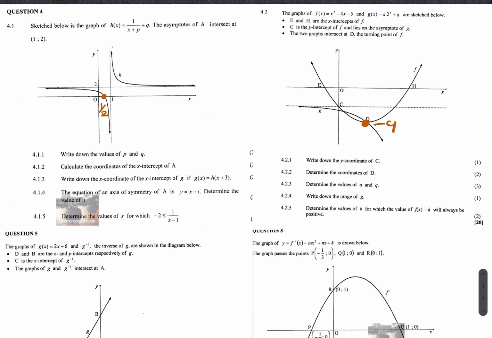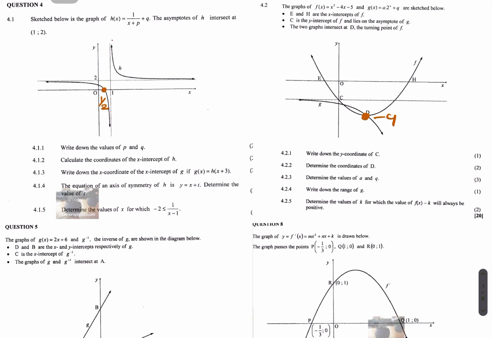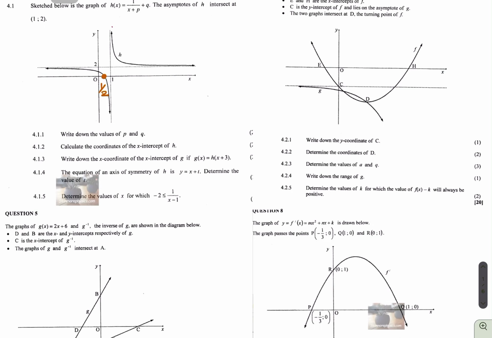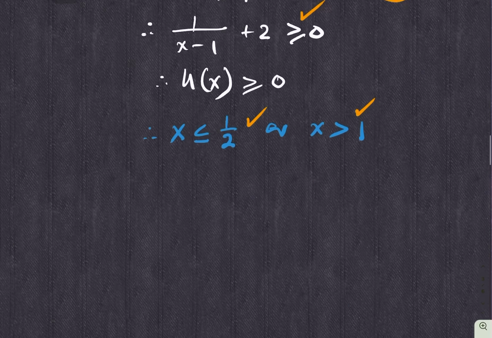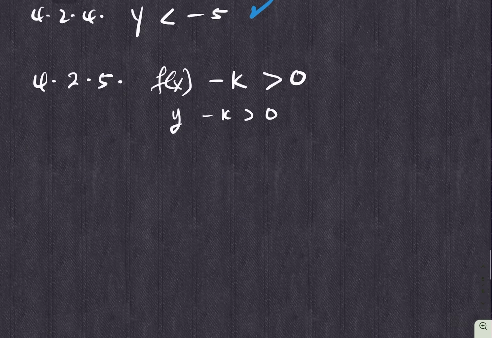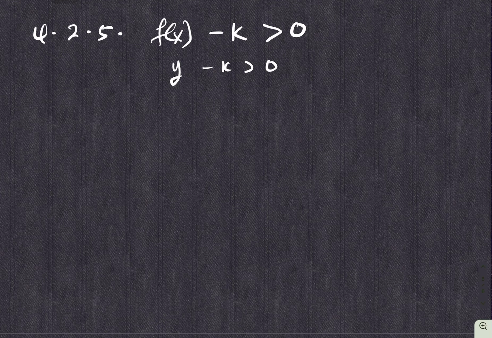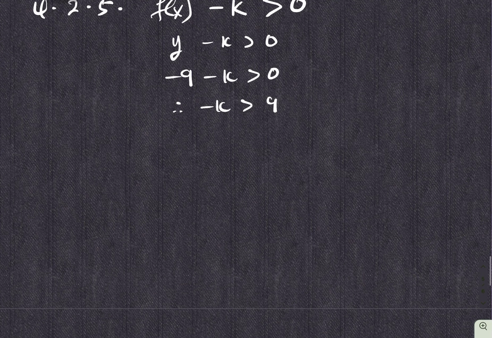So f there is -9, and I'm going to put a -9 in that space. That is f, which is y, primarily. So this is -9, and then minus k is bigger than 0. Therefore, minus k will be bigger than 9, and divide everything by negative, so this becomes k is less than -9.